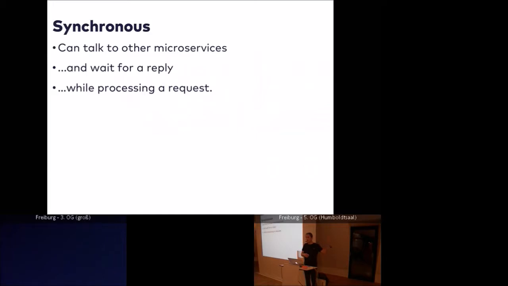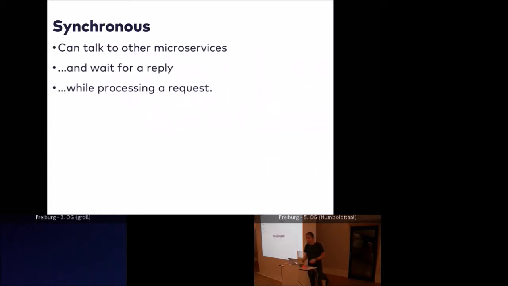So I get a request, an HTTP request. I go to the customer service and say, please give me that information for that customer, for that invoice. I get a response, and then I send the response back. So while I work on a request, I actually do a request to another service, get the information, and put it back to the original caller.